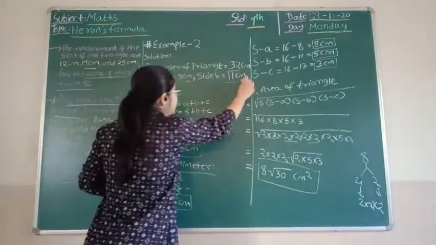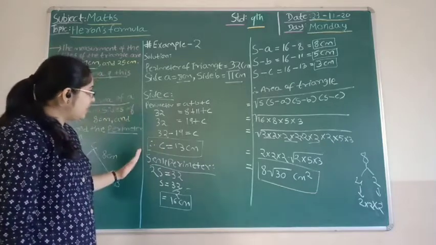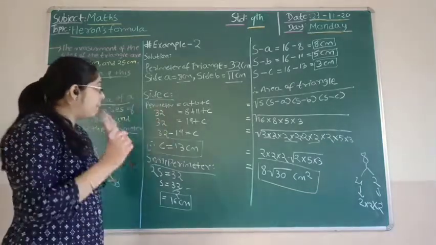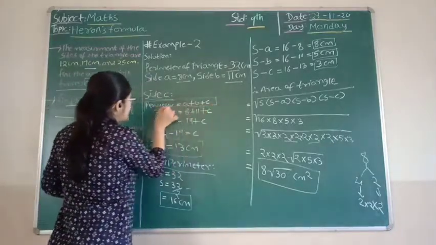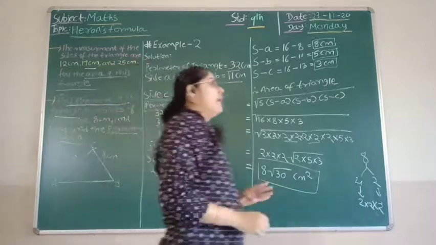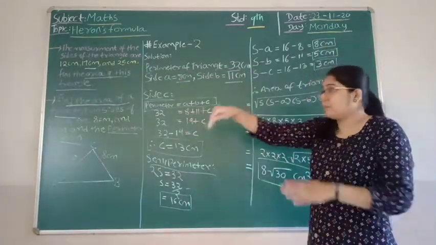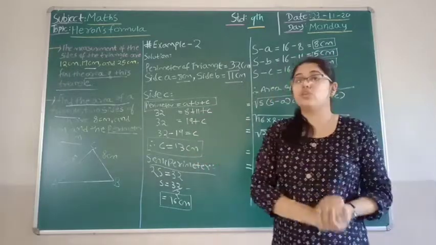Now then I took side C, and I applied the formula, that is perimeter equals A plus B plus C, and applying this formula, keeping the values, I am getting the third side equal to 13 centimeter.